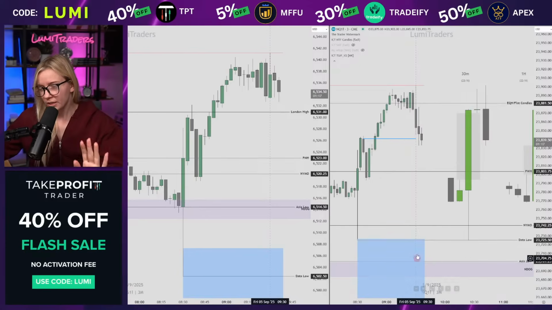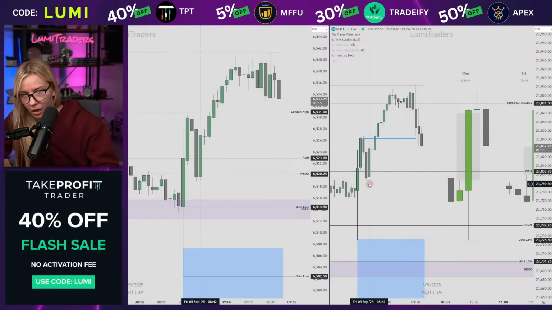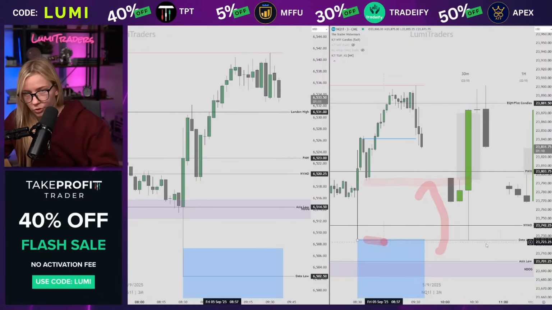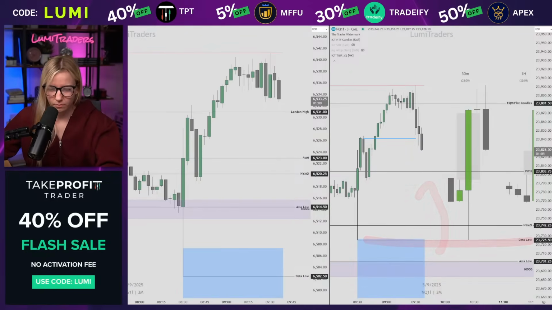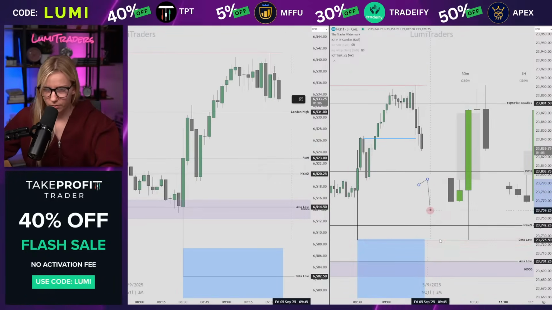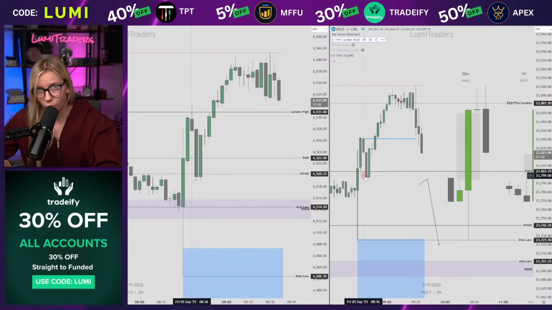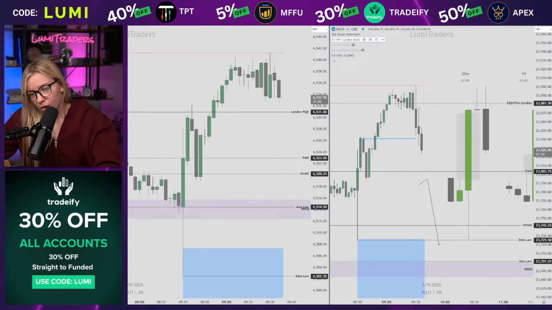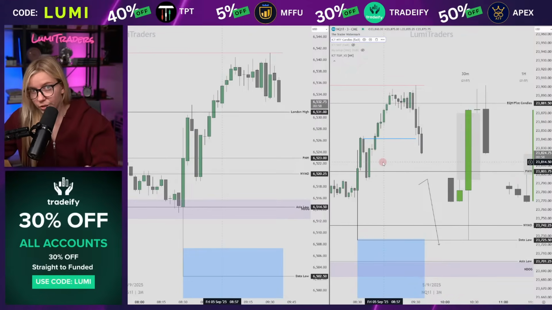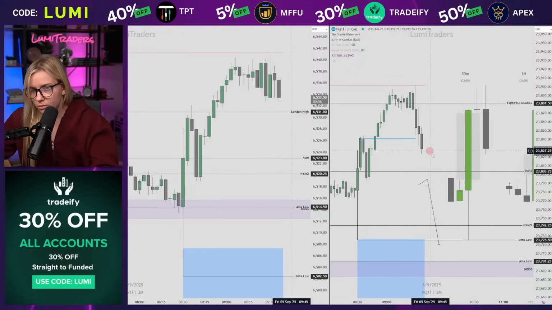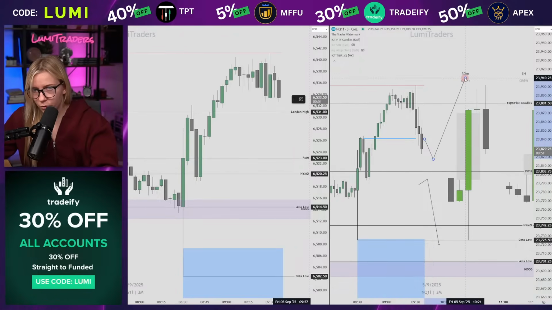But from what I see right now, most likely I will look for a quick scalp short below this low, to the Asia low, to TGIF. Like short like this below this level because it's going to break the order block. Or if it's going to stay within this range, I don't know yet. I cannot see the future, but at this point, something like this.